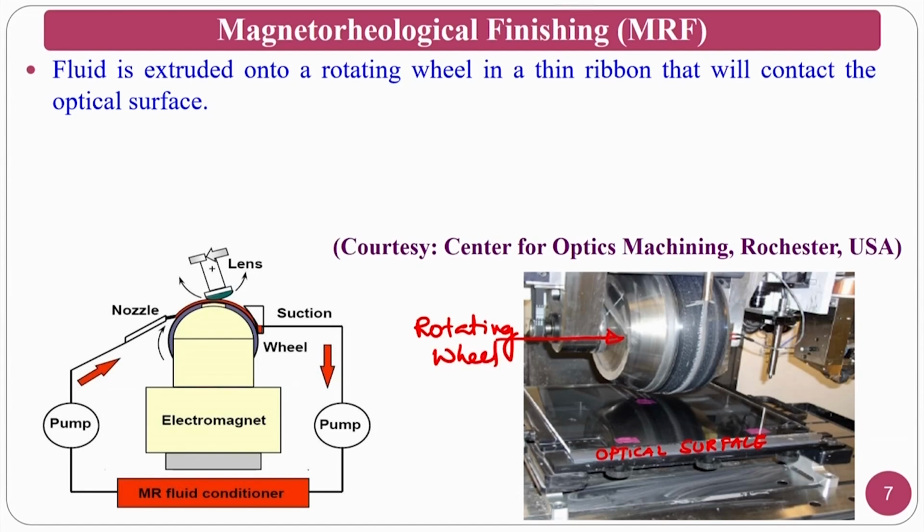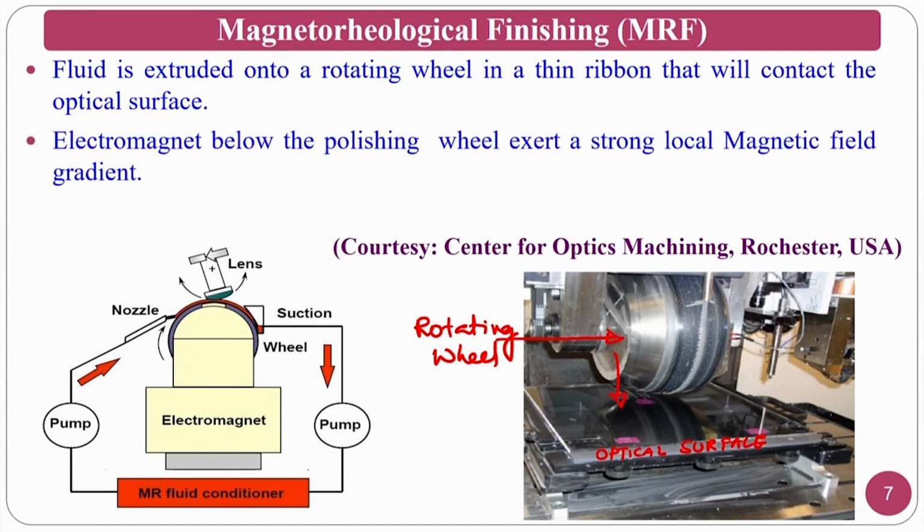When you are injecting the fluid here, it forms a thin ribbon, and then you move your wheel down, come into contact, and your ribbon will be in contact. You can give xy motion to the table where your workpiece, that is the optical surface, is placed, so that it can be finished.